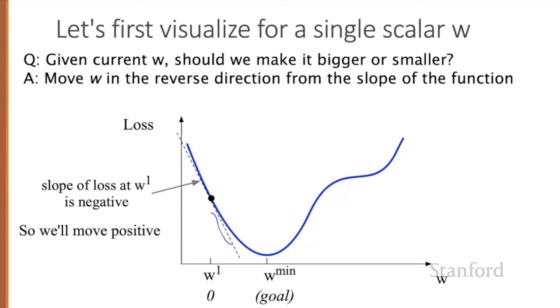So you can see the slope of this dotted line is negative. And if the slope is negative, that's telling us we should be moving positive. Thus, to find the minimum, gradient descent tells us to go in the opposite direction, move W in a positive direction. And we're showing here that we're now moving from the original W1 to this gray point, which is going to be W super 2.